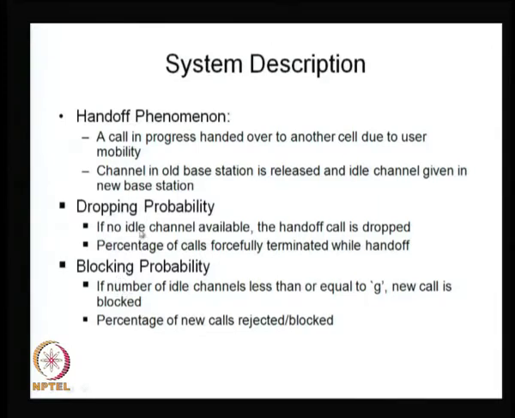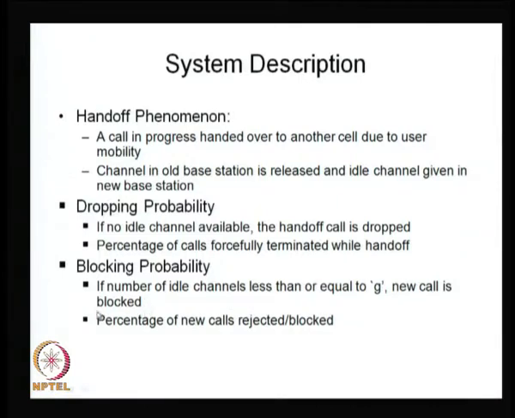If no idle channel is available, that means all the channels are busy with calls, then handoff calls will be dropped. Obviously, new calls also will be dropped if no channel is available, but if the number of idle channels is less than or equal to G itself, from that point onwards the new calls will be blocked.